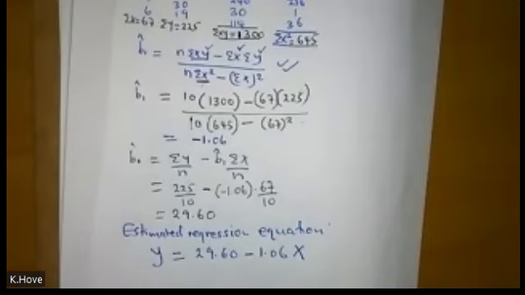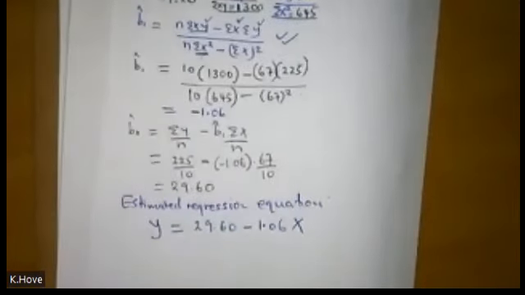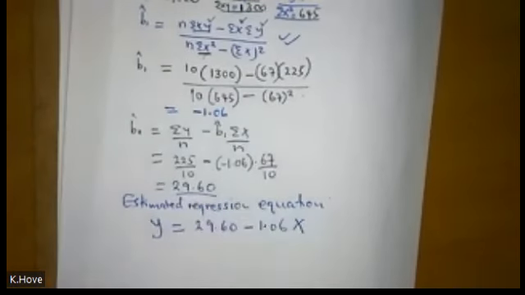Now, what does this regression equation represent? What does it say to us? So the value of beta naught in this case, which is 29, represents the y-intercept. That is the point on the y-axis when x is equal to 0. So what does that mean in the context of the problem that we are given?